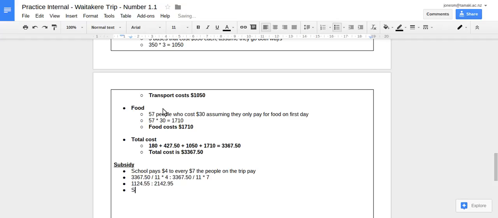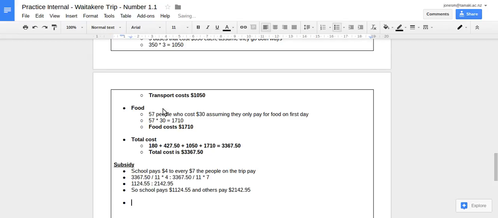So the school pays $1,124.55 and others pay $2,142.95.